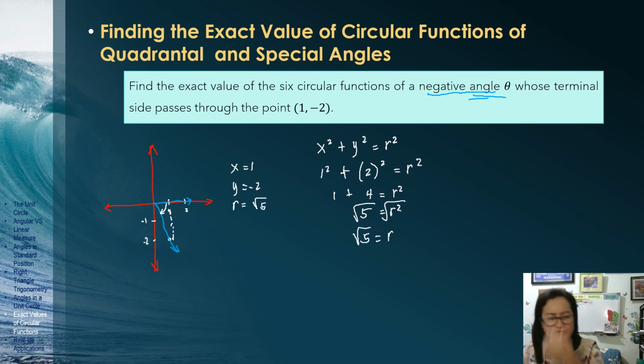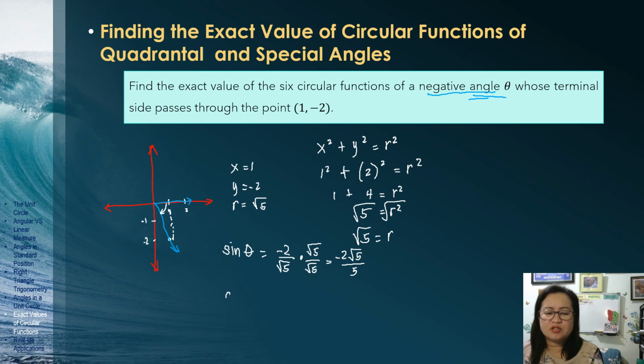Now to find the 6 circular functions, we shall have sine theta. Opposite, we have negative 2 over hypotenuse, we have square root of 5. So we can just rationalize. We multiply by square root of 5 over square root of 5. Therefore, we will have negative 2 square root of 5 over 5.